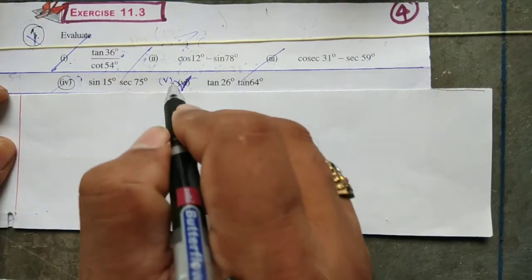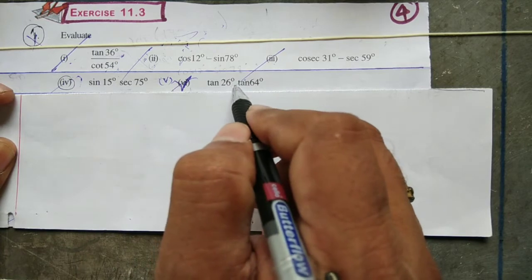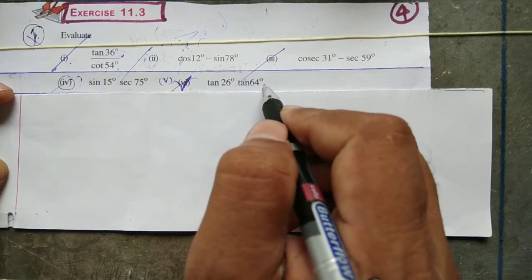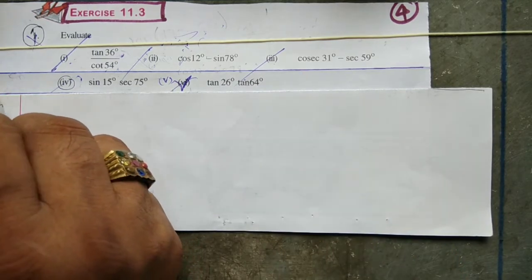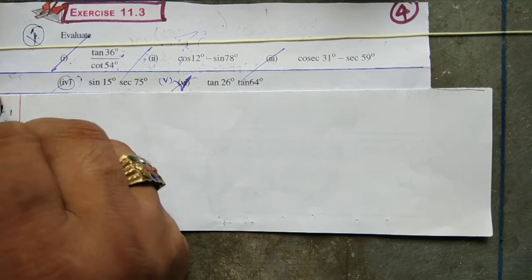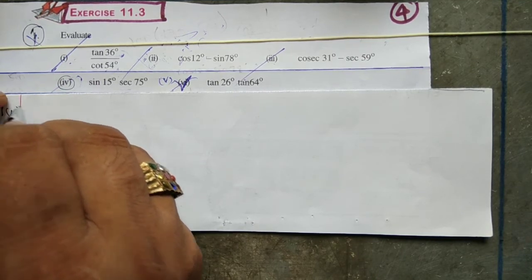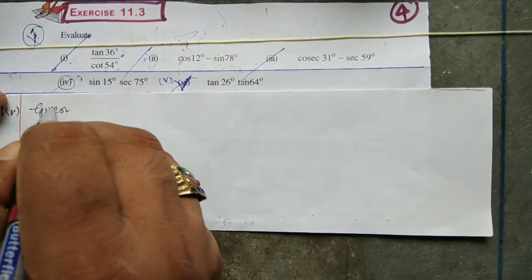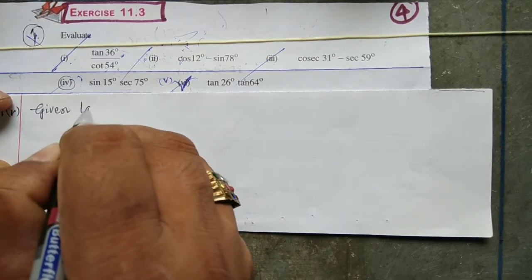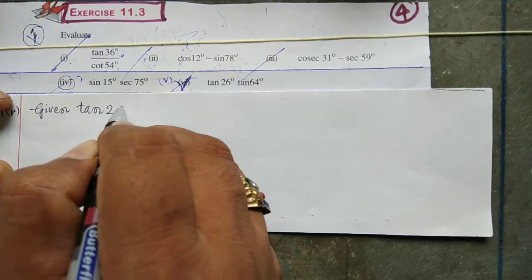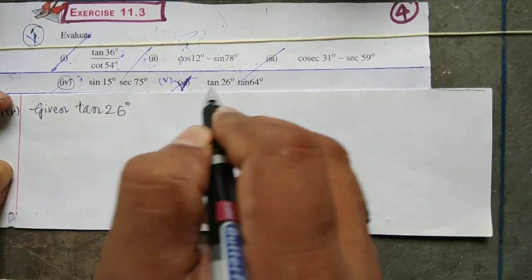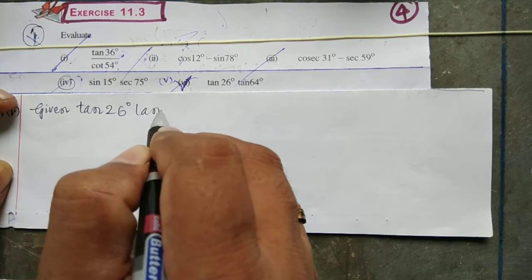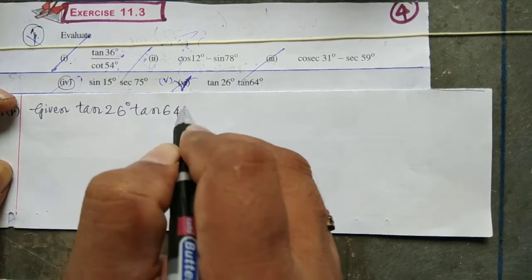First bit, fifth problem: tan 26 degree tan 64 degree. Given tan 26 degree, tan 64 degree.